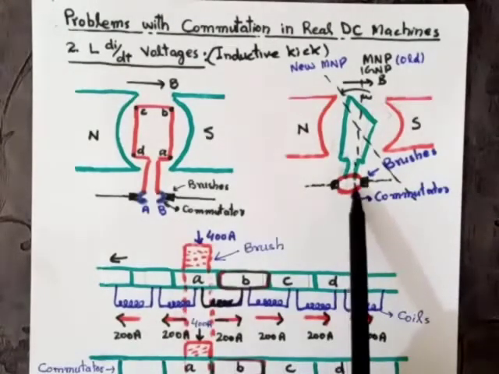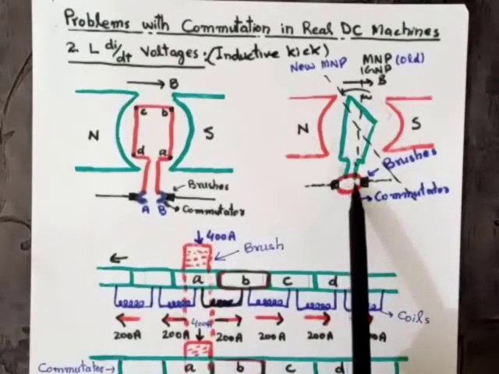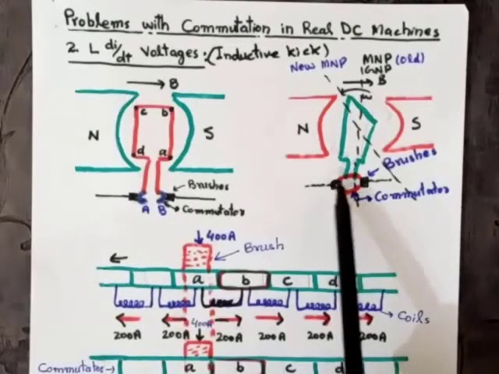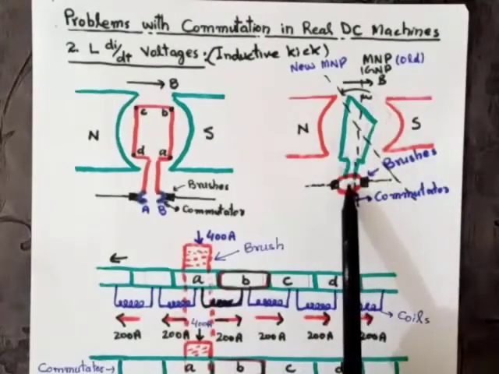Both brushes are connected with the commutator segments, and the commutator segments and brushes are short circuited, and this coil is short circuited here.